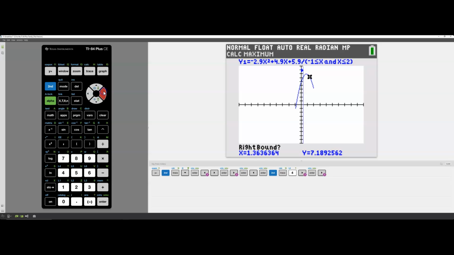After the vertex. Enter. And then at the vertex. And that's going to be my maximum. All right, so I'm going to use that. My max is 7.96, so I know that's going to be the top part of my range.